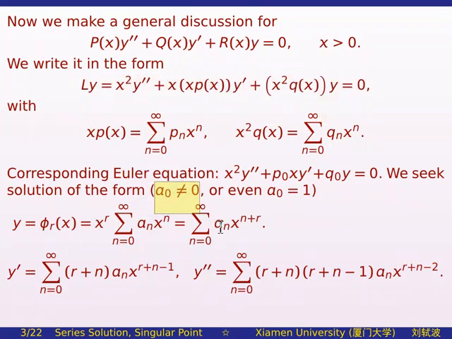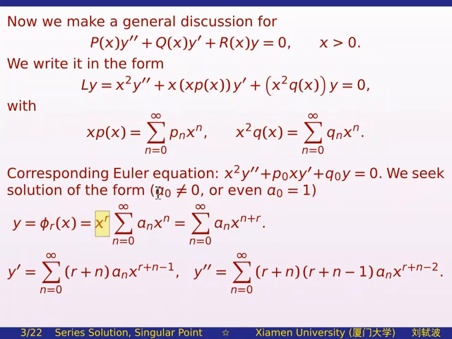If a_0 is 0, this is equivalent to raising r to r + 1, because there is no a_0 term. So this starts from x to the 1. You move the x out. That is x^(r+1) times the sum from 1 to infinity of a_1 + a_2 x and so on. So it is just a shift of the exponent.